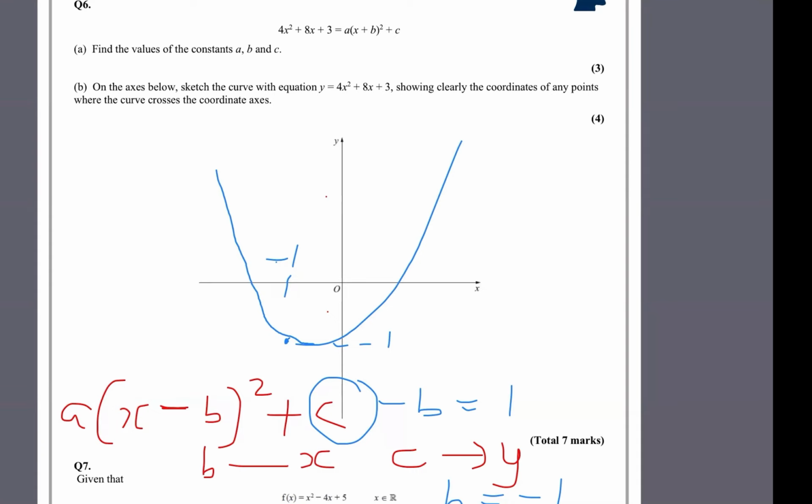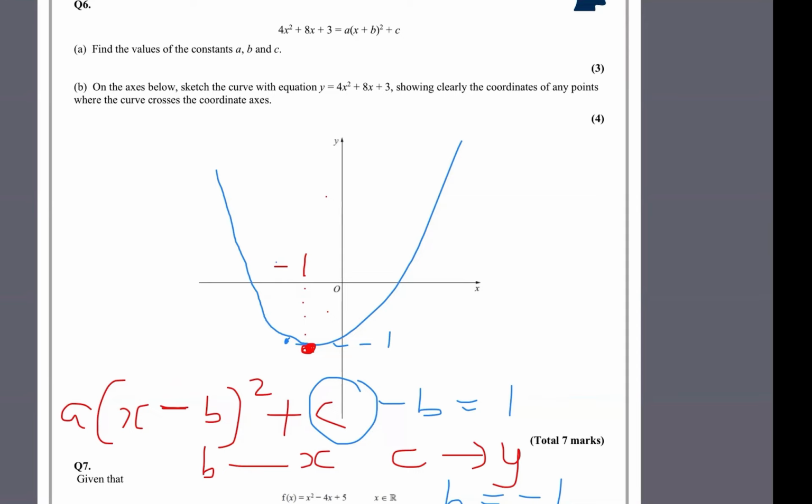We have been able to establish the nature and the turning point, which is minus 1, minus 1. It means your x is minus 1. I would just shift the minus 1 on the x to fit here, and of course, your y also is minus 1 at the turning point.